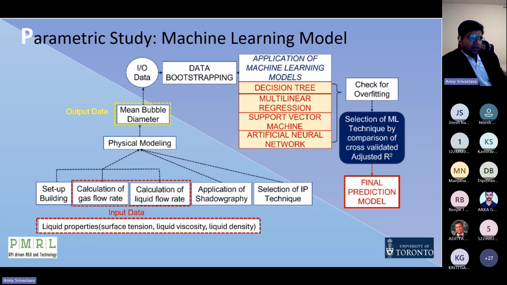But if I wasn't doing that dimensional analysis, it would be difficult to capture the non-linear correlation between those process parameters, like gas flow rate, liquid flow rate, etc. So we thought we should go for artificial neural network, support vector machine, decision tree, and also multilinear regression to compare the results.